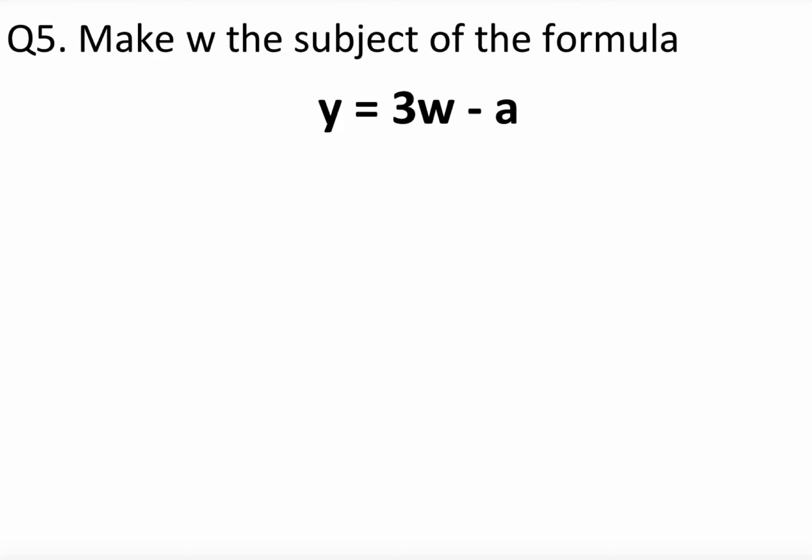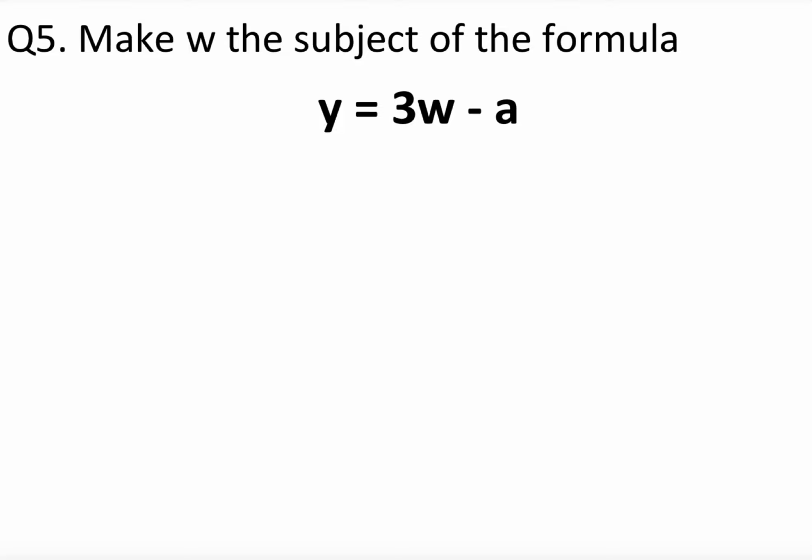Make W the subject of the formula. You can see the formula: Y equals 3W minus A. What we've been asked to do is make W equal to whatever the formula is. The easiest way to do this is I like to start off with W on the right hand side.